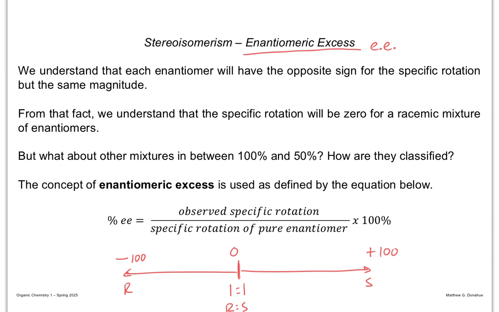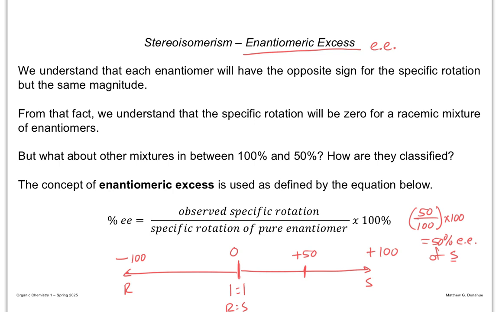So say, for example, we have some sample, we measure it, it turns out to be 50. We can plug it into that equation and say, well, 50 divided by 100 times 100 gives us 50% of the S enantiomer.